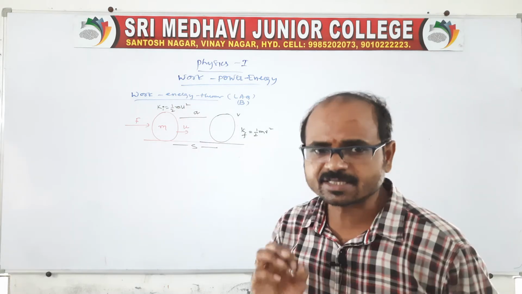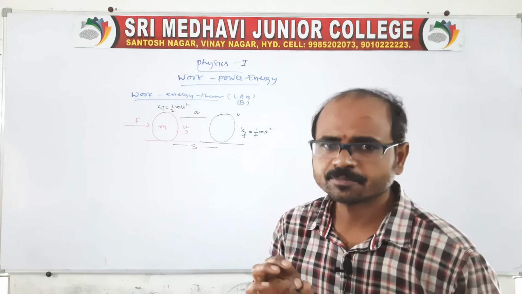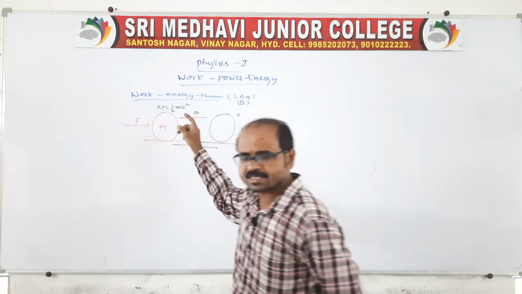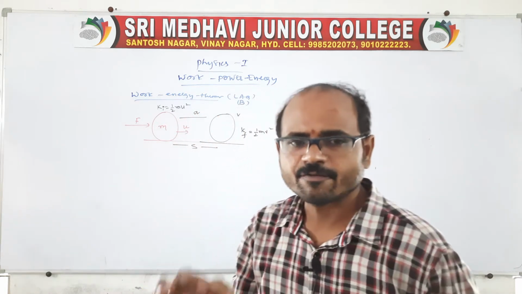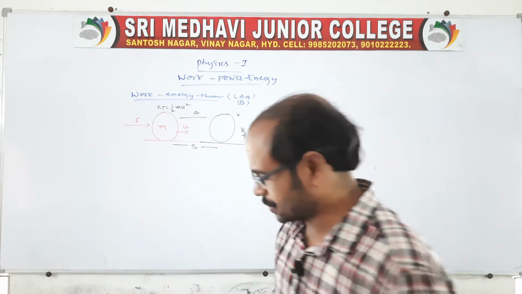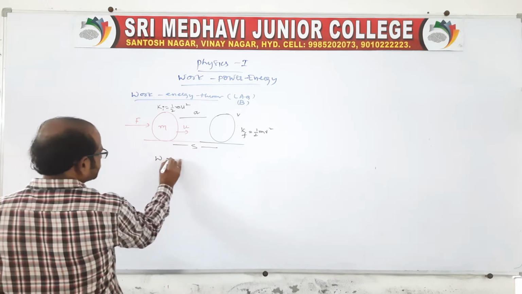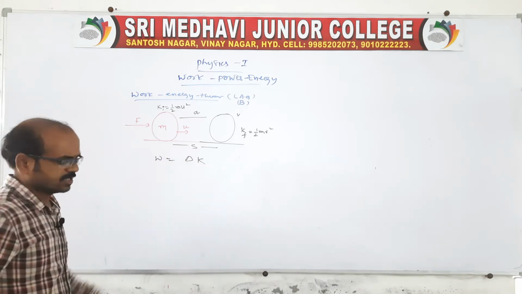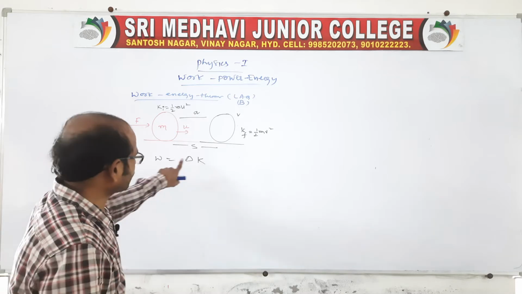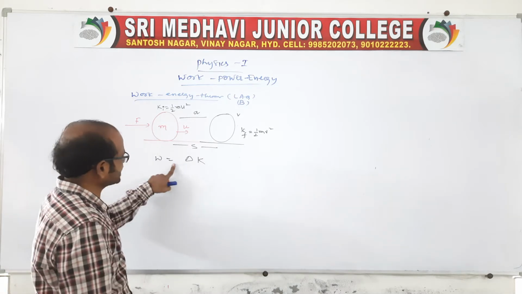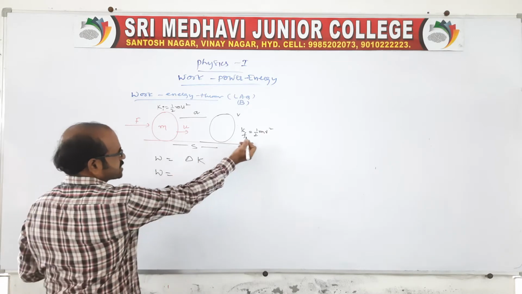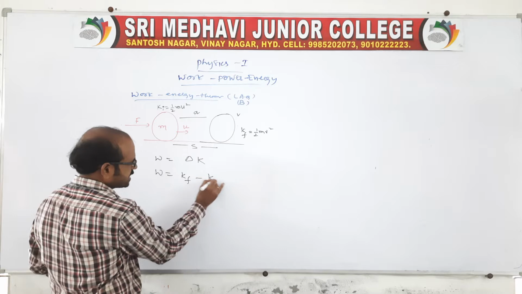According to the work energy theorem, work is done because of the applied force. Work done by the constant force is equal to the change in kinetic energy. Delta indicates a change, and the change is always final minus initial.